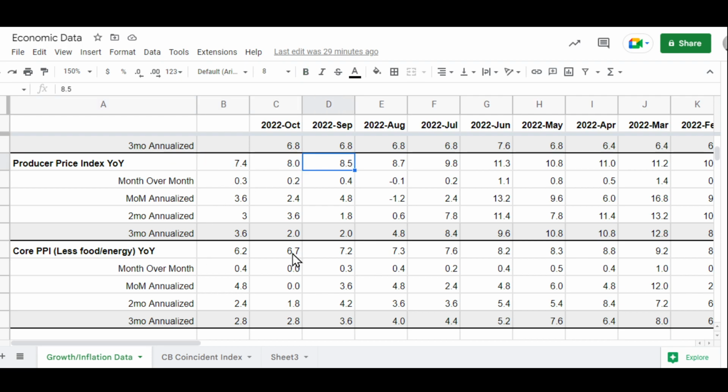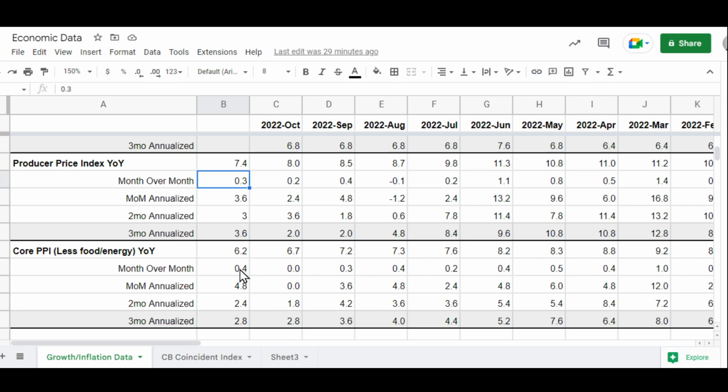Those are irrelevant now because all the base effects are going to be in if they're not already in. The PPI actually came in above expectations. So PPI was predicted to come in at 0.2 and 0.2 on the core, and it came in at 0.3 and 0.4. And so I personally already had the expectation that inflation was going to come in higher than estimates even before the PPI came out.